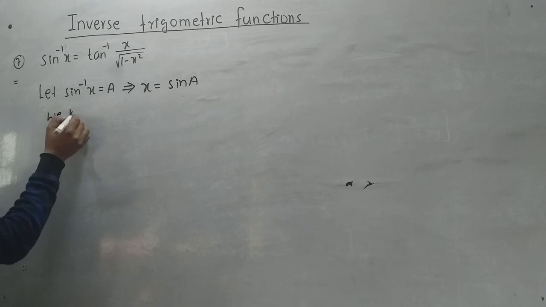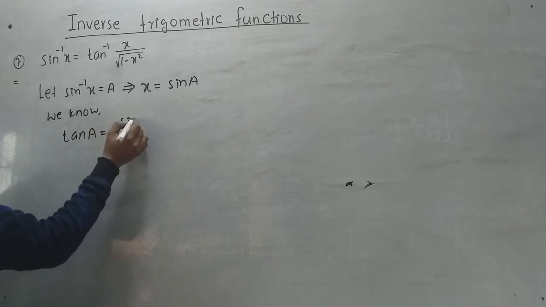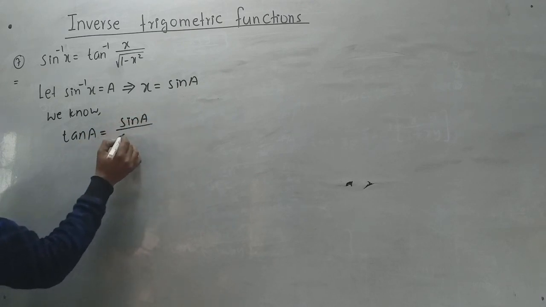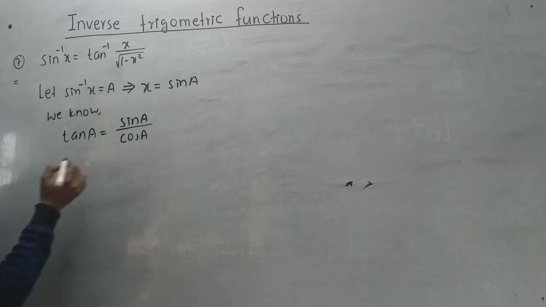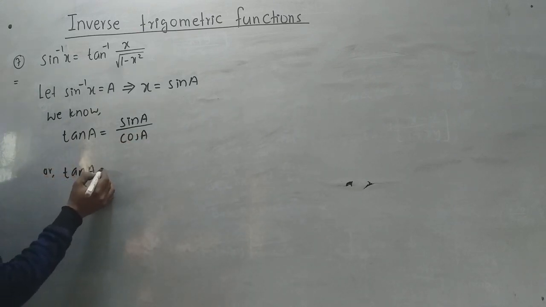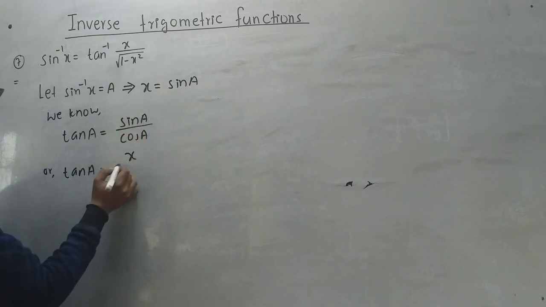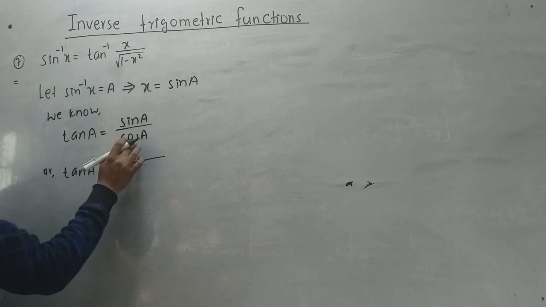So we know the formula tan A equals sin A divided by cos A, or tan A equals, for sin A you can replace that by x, but for cos A you have to change that in terms of sin.